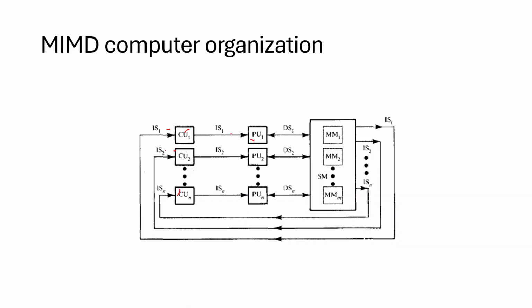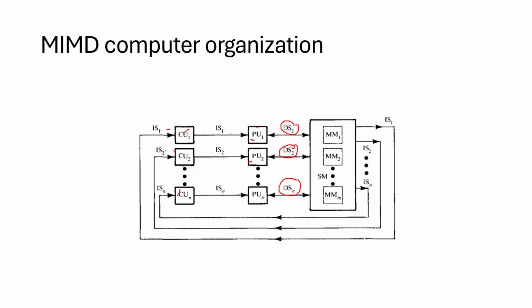To execute instruction stream 1 we need processing unit 1, to execute instruction stream 2 we need processing unit 2, and so on. Each processing element works on different data sets: data stream 1, data stream 2, and so on. Each operates independently.